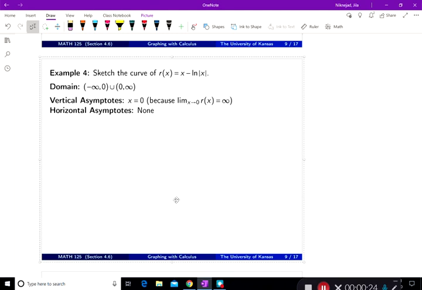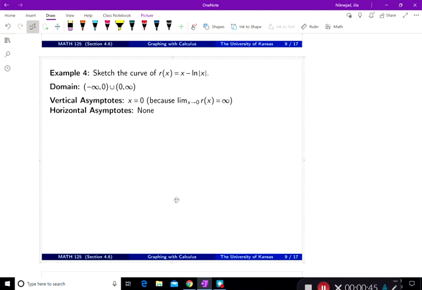Notice that there's a vertical asymptote at x equal to 0 because that's not part of the domain, and natural log of x shoots toward negative infinity on both sides. That's a vertical asymptote, and there is no horizontal asymptote.